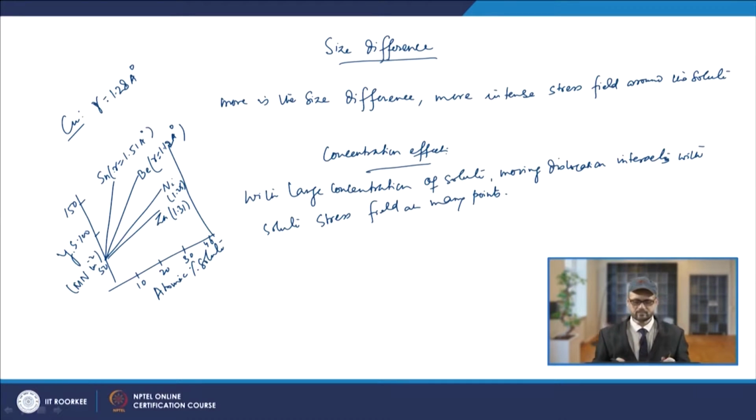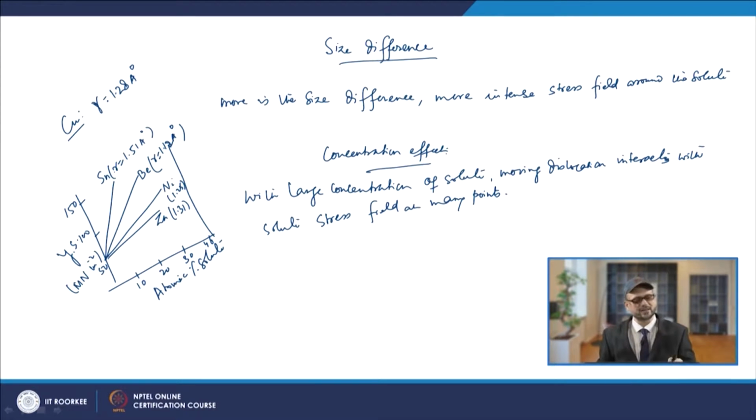Now, if you look at nickel and zinc, in both cases the size difference is the same. However, in the case of nickel the strength is more. That depends upon the elastic modulus value of nickel, which is higher.